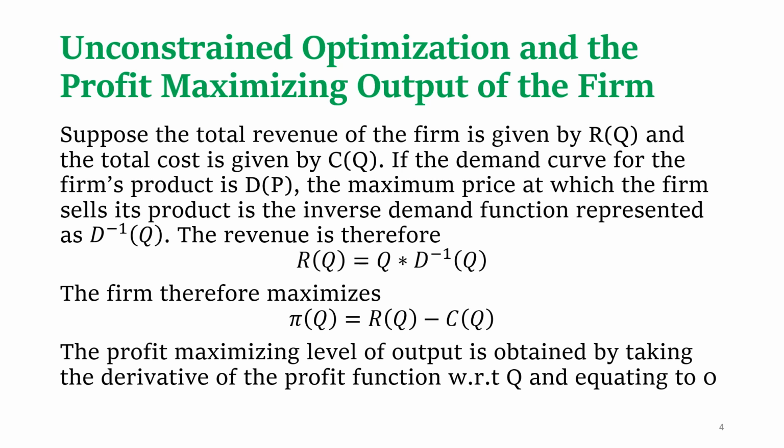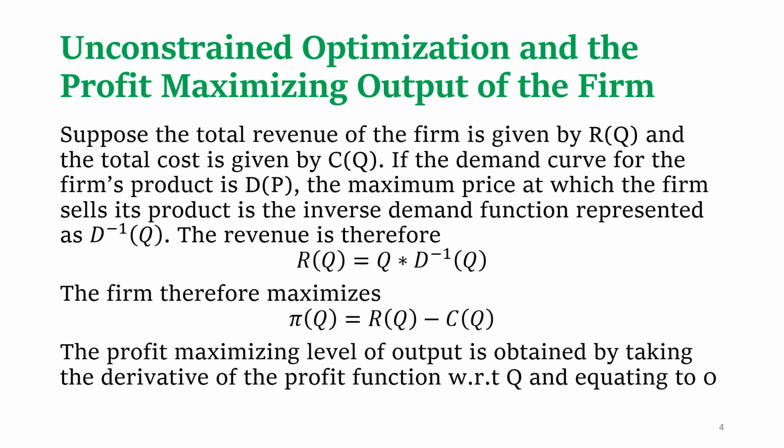So that price becomes the maximum price at which the firm is going to sell its product, since the aim of the firm is to maximize profits and minimize cost. The firm is always going to sell its products at the maximum price, and that maximum price here is referred to as the inverse demand function.